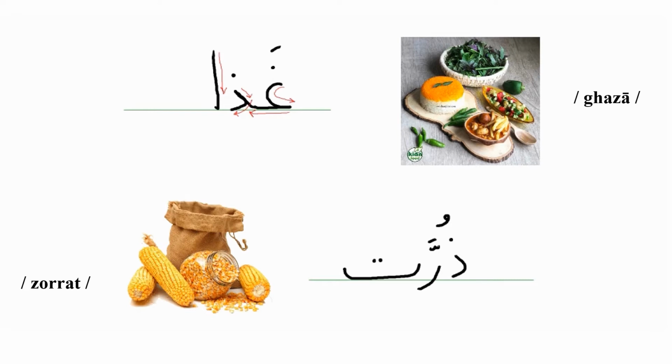But just pay attention that we pronounce it stronger than other letters. When we see this sign over a letter, it is pronounced stronger. So here, then O, then we have re, and finally te. ذرت.